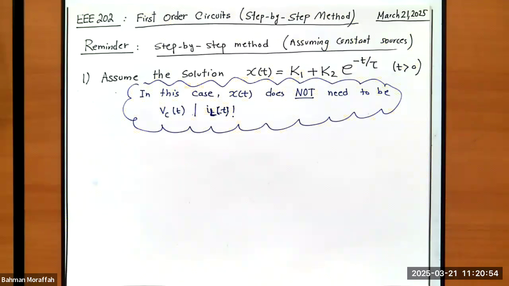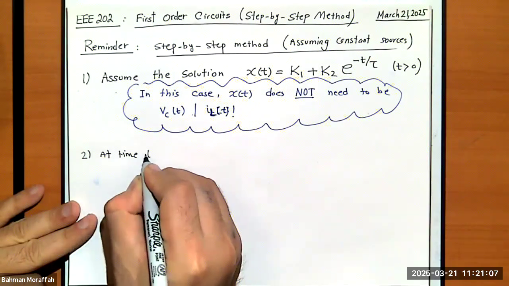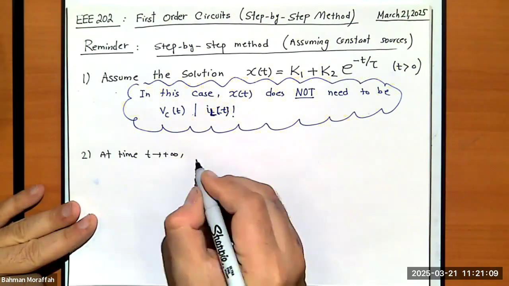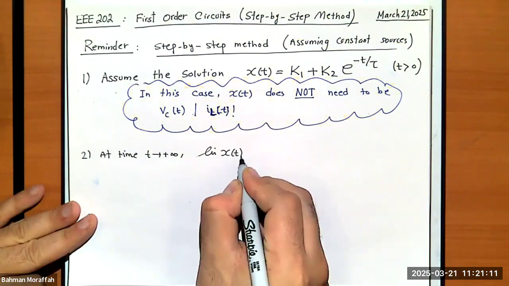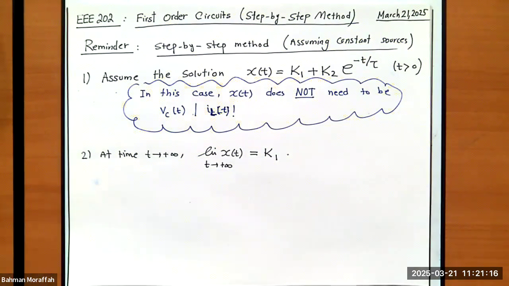And since we do not require any continuity condition, we can immediately compute x evaluated at time infinity. Right? So k1 is easy. So at time t approaching infinity, we know the limit of x(t) when t goes to infinity is indeed k1.